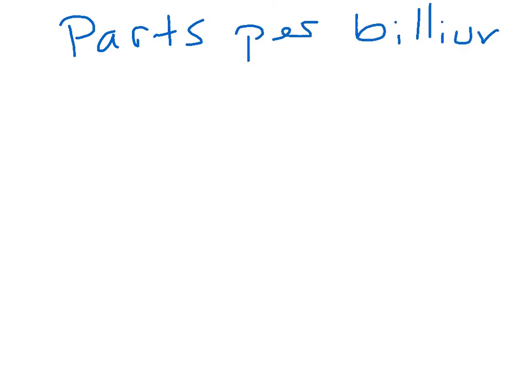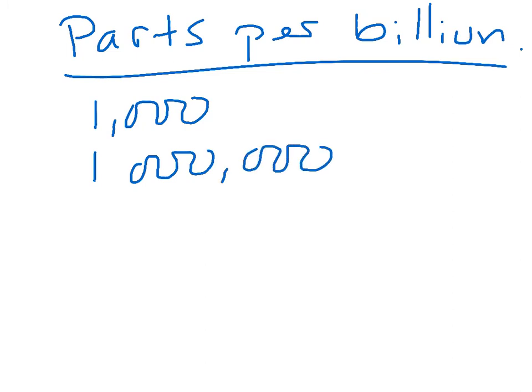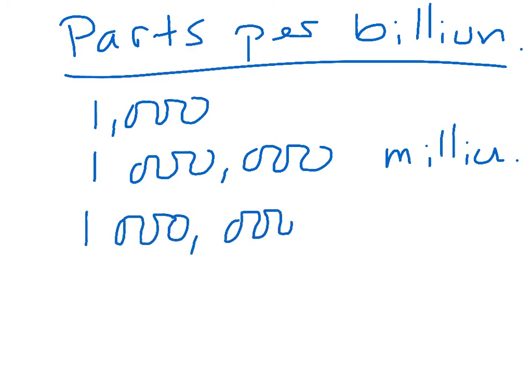Okay, you need to know about parts per billion. Let's be clear. What is a billion? Okay, that's 1,000. That's 1,000,000. And 1,000 million is a billion.